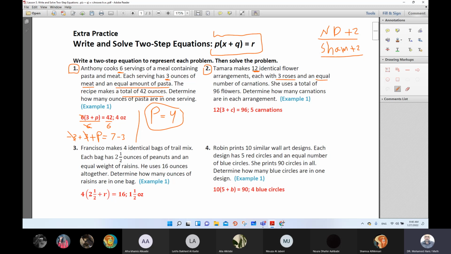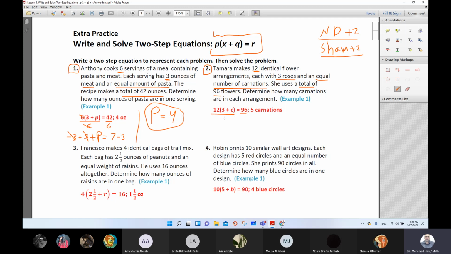An equal number of carnations, but we don't know the value here. So represent it with a variable, for example, c. Equals, as you see here, the total of 96. So this is the equation. Now we want to solve this equation. Try to remove 12 from this side using the property of equality.